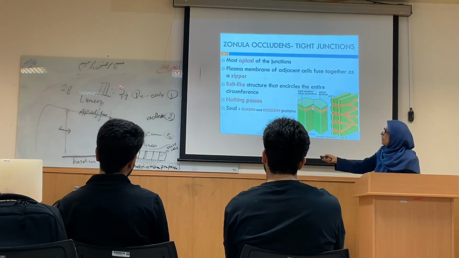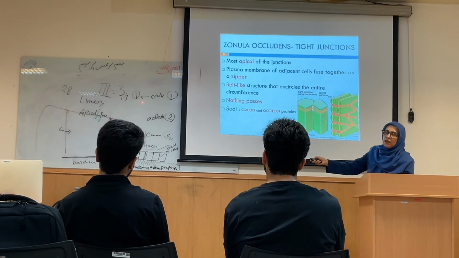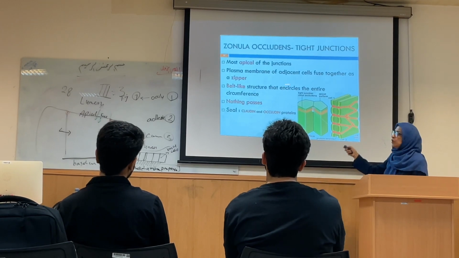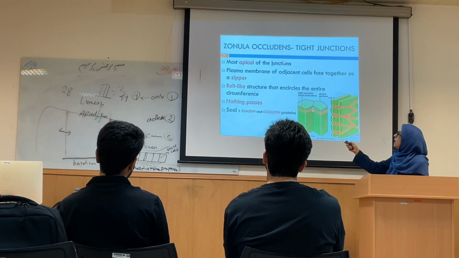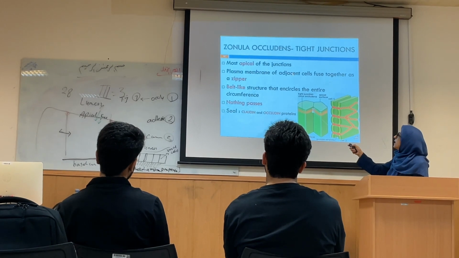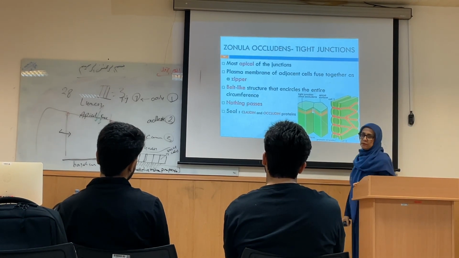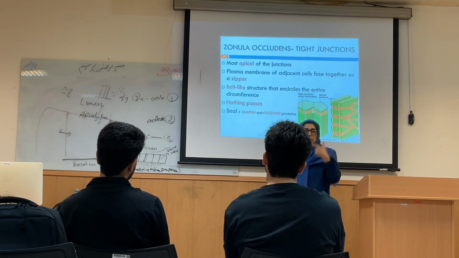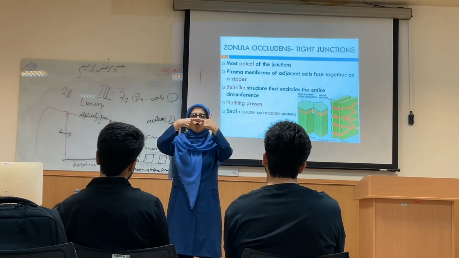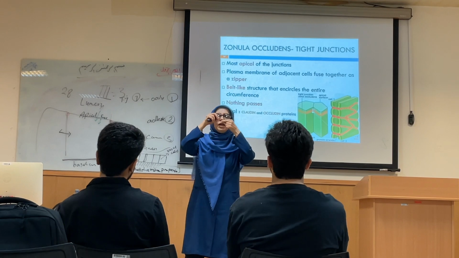The first one, the occluding junction, has just one type, the tight junction (zonula occludens). It is the most apical of the junctions. The plasma membranes of the cells are fused together like a zipper, as the zipper of your clothes. They attach, joining together point by point.